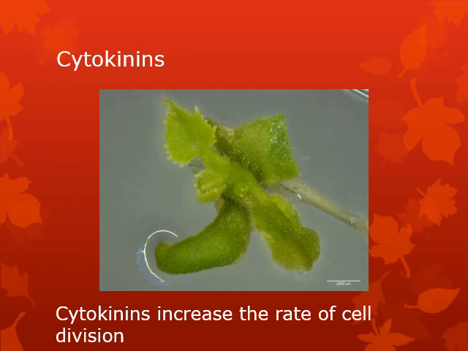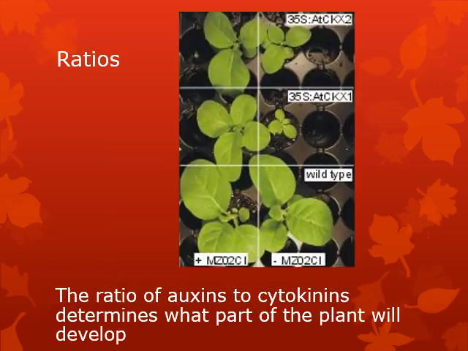Cytokinins are the flip side of auxins. Cytokinins cause roots to grow. They increase the rate of cell division. So you've got auxins make plants grow up, cytokinins produce roots. You should see an assay here that has a lot of cytokinins over here, a lot of auxins over here.